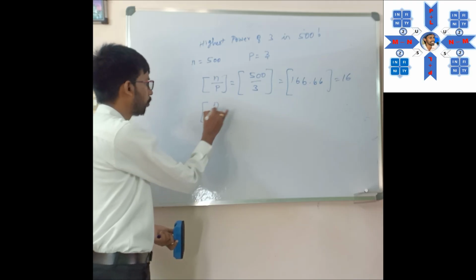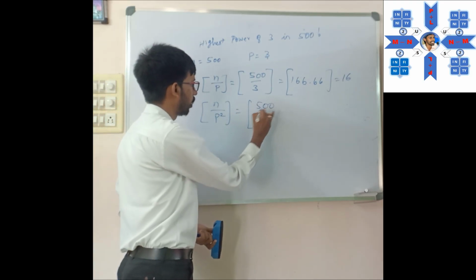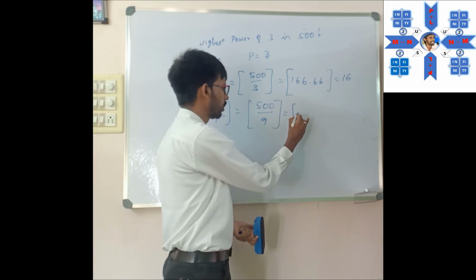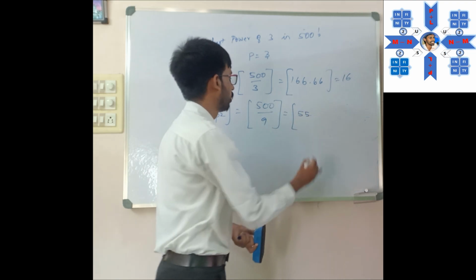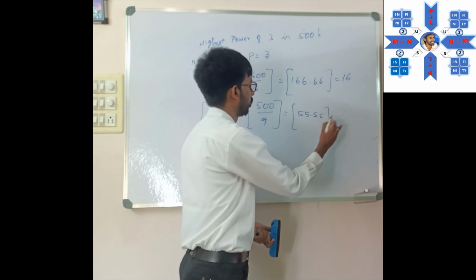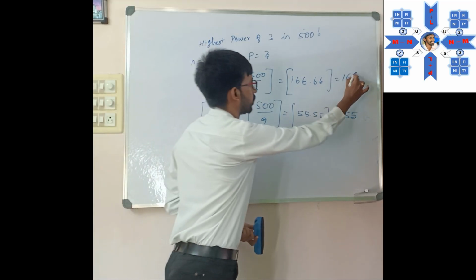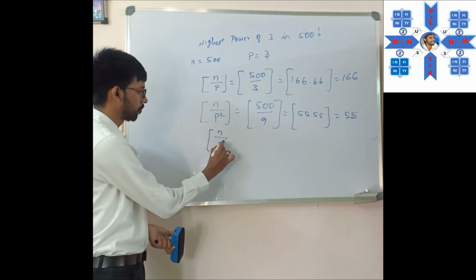Next I have to go for n by p square, that is 500 by 9, that will be 55.